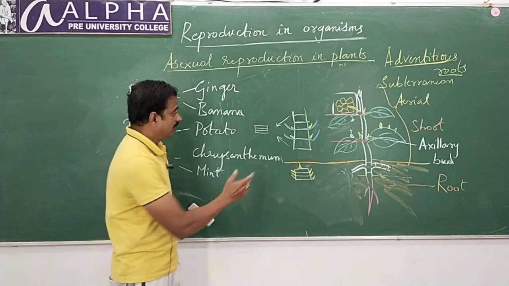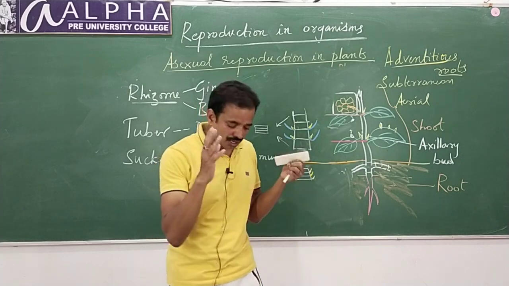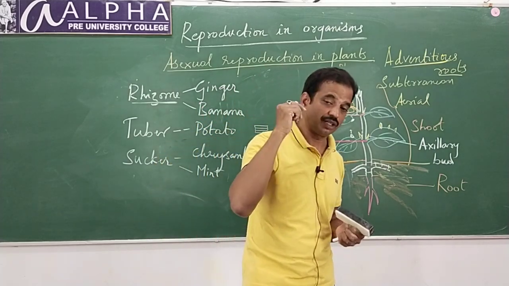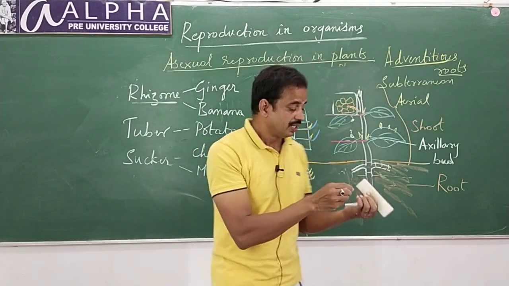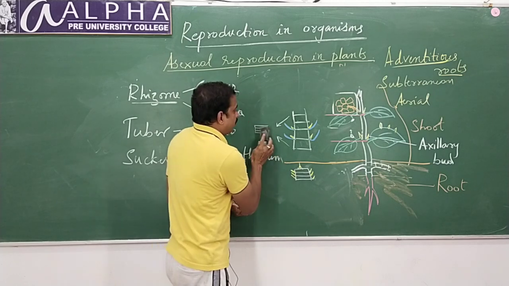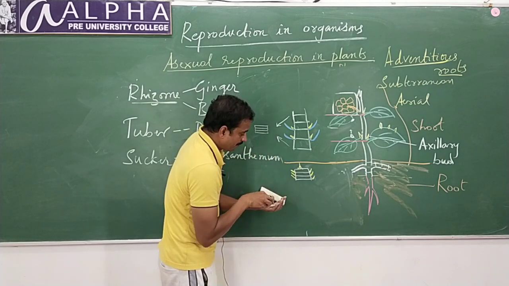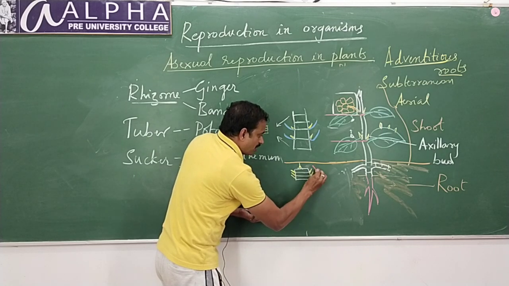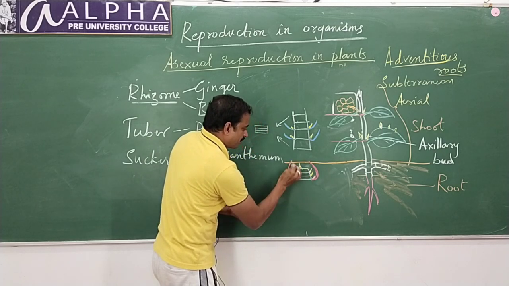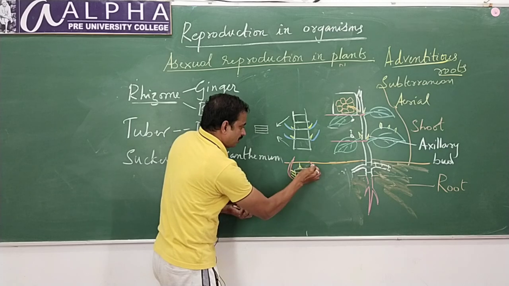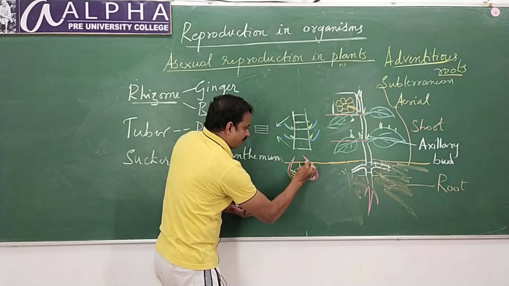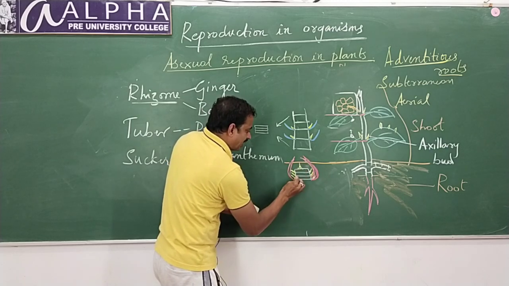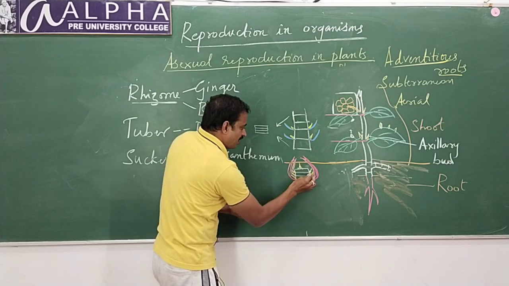Now the leaves which grow at the nodes will also be there here, and these leaves will store reserve food material. Because they are thick and fleshy, and many leaves at each nodal region are formed.